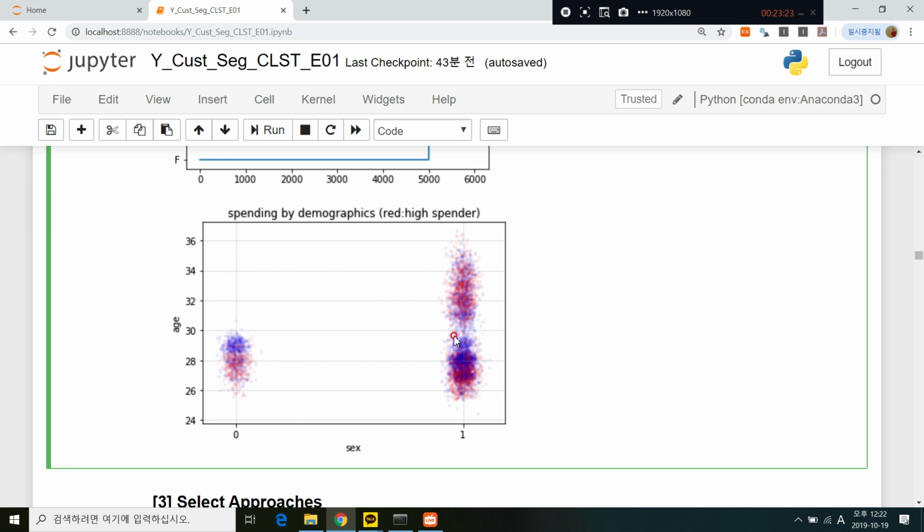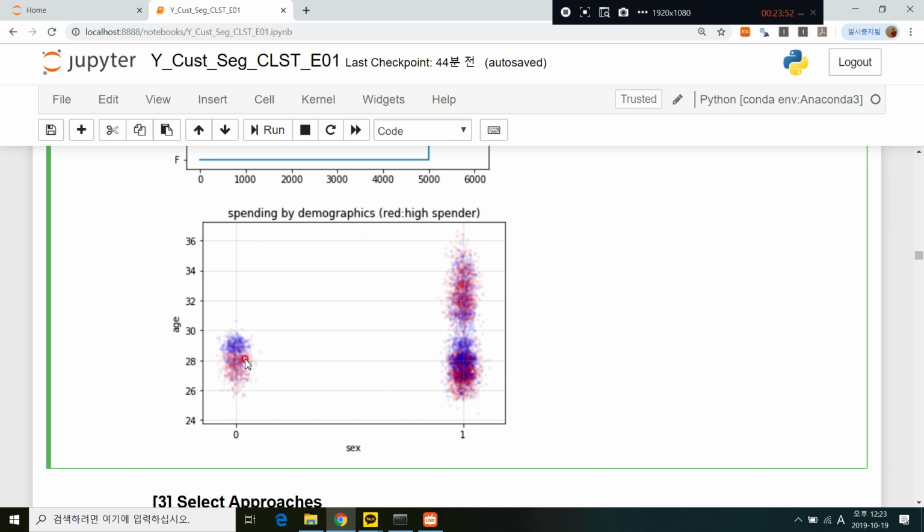And roughly around 29 or so, there are quite inactive, low-spending groups. And for the male customer group, according to the age, there is a difference.